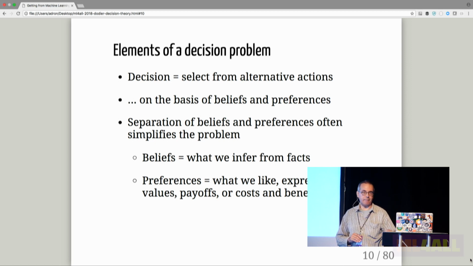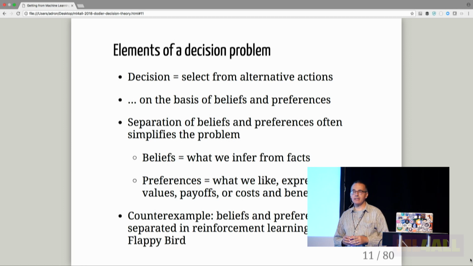So I'm going to be using different terms interchangeably with respect to preferences. We might call these values, or we might call these payoffs in different contexts, or we might call them costs and benefits. In machine learning, it's not necessary to separate beliefs and preferences.